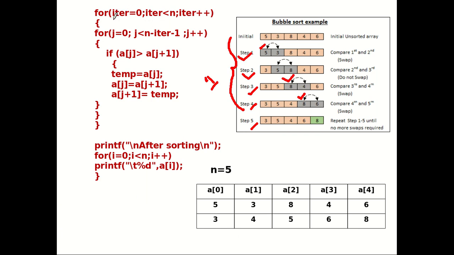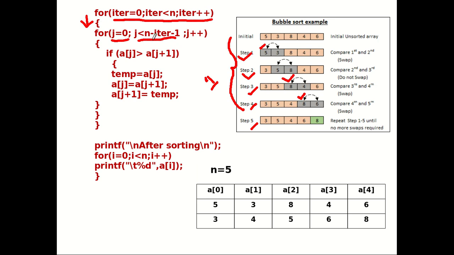Here this particular variable is used to decide how many iterations are required. Iteration is initialized to 0, and it is less than n. This condition is true, so it will come inside this loop. Again we are declaring j equal to 0, j less than n minus iteration minus 1.